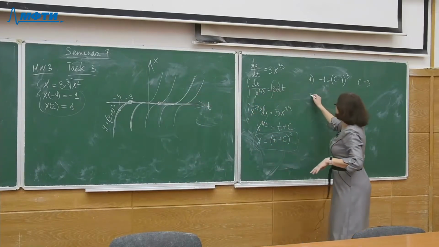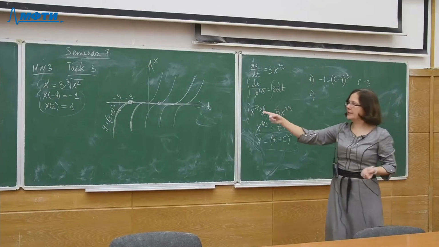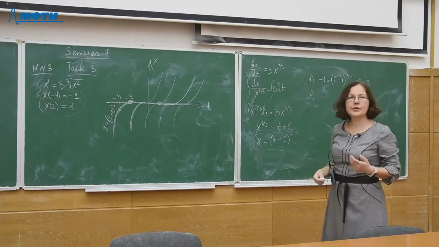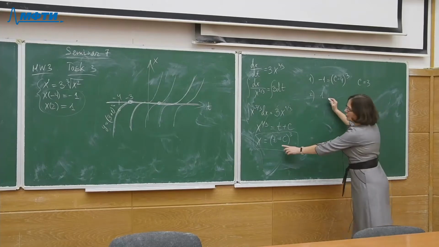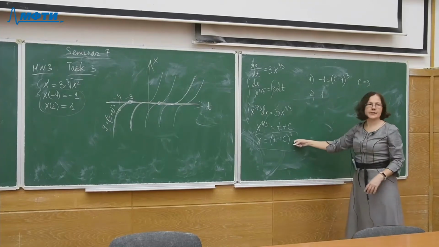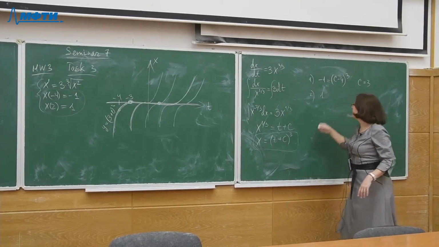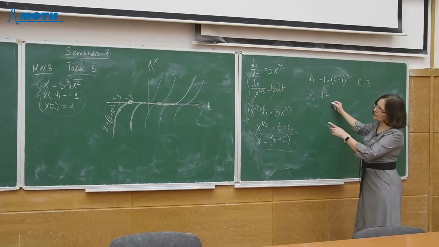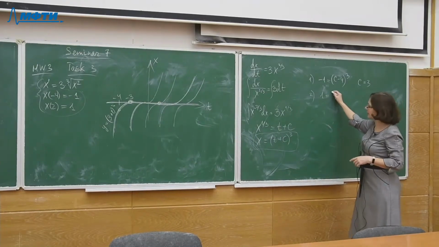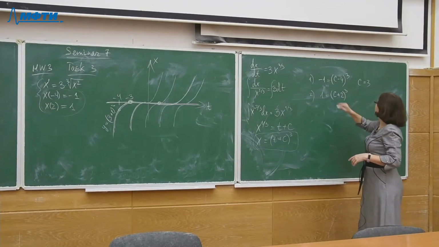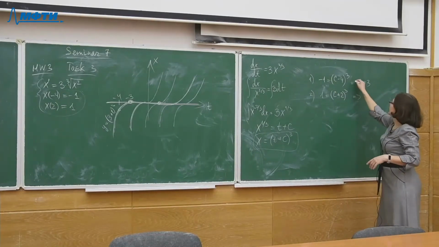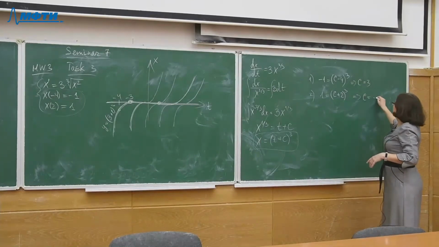So step number 2, we will use the second initial condition, x of 2 equals 1. We look at this formula, substitute 1 for x, and substitute 2 for t. So 1 equals (c plus 2) cubed, and c is negative 1.